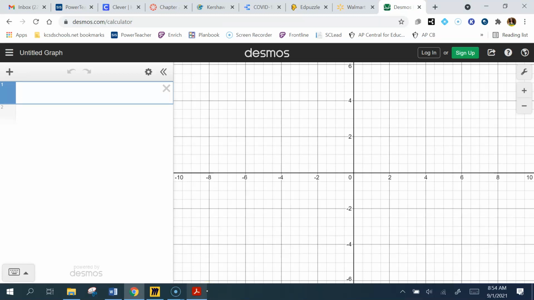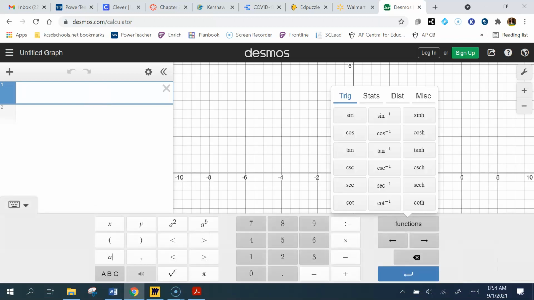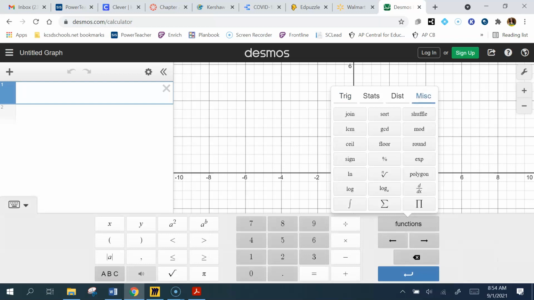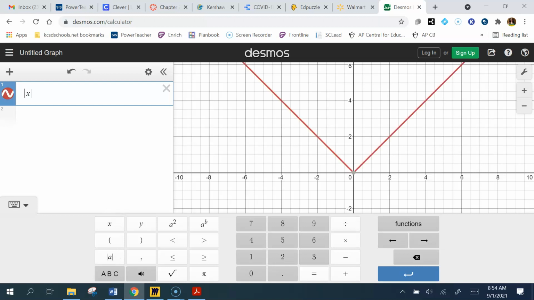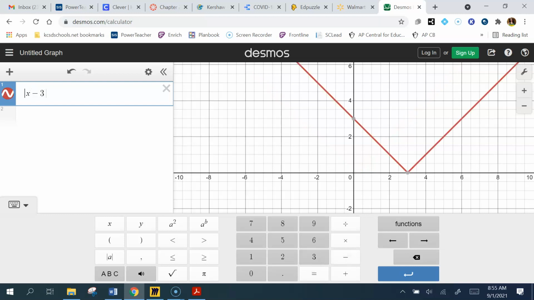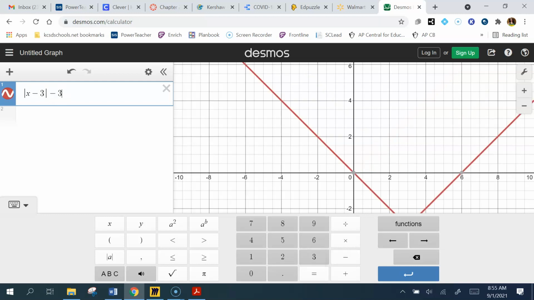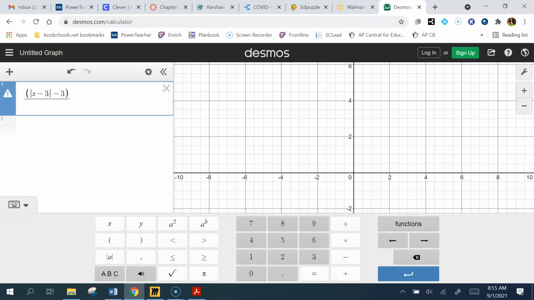It's absolute value of negative 3 plus h, minus 3, over h. Absolute value of x. Well, x minus 3, that'd be the same thing, and then minus 3 after the absolute value, over x.